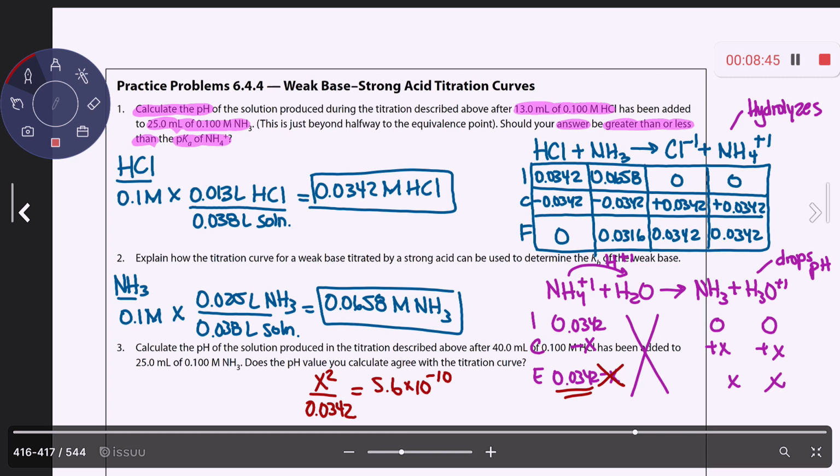So this is the Ka, because it's acting as NH4 plus 1. Okay. All right. So you got x is equal to 4.3 times 10 to the negative 6. Okay, and then that unit is molarity. So that is my hydronium ion concentration.